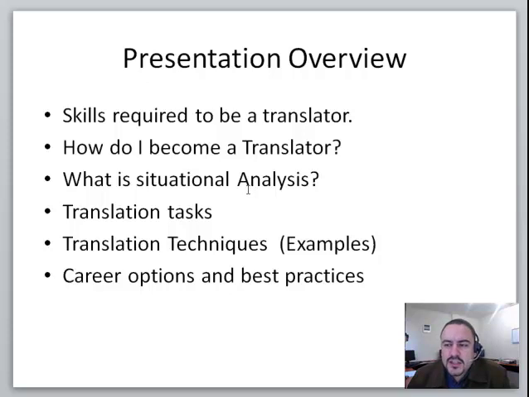This is something that you need to do immediately. You need to run a Halliday's framework and understand, from the situational analysis point of view, what is being asked here, what kind of document you're going to be translating.